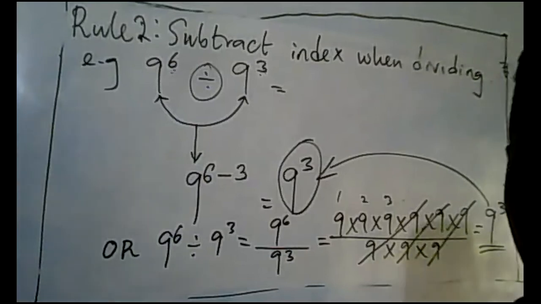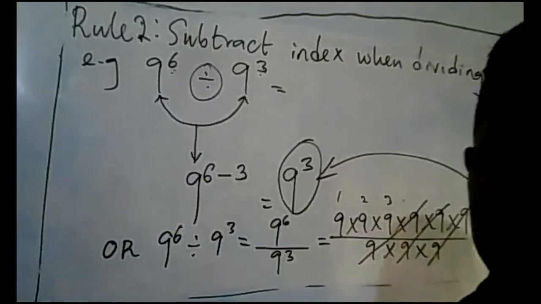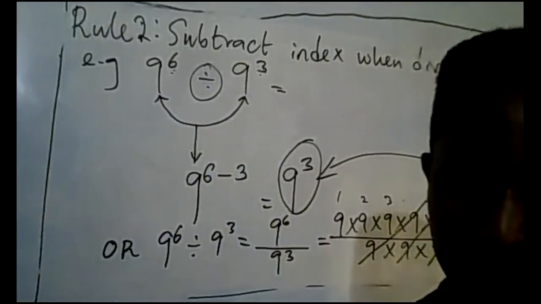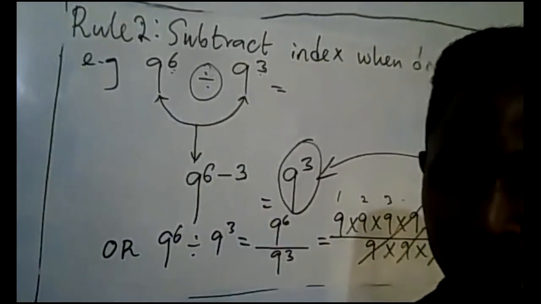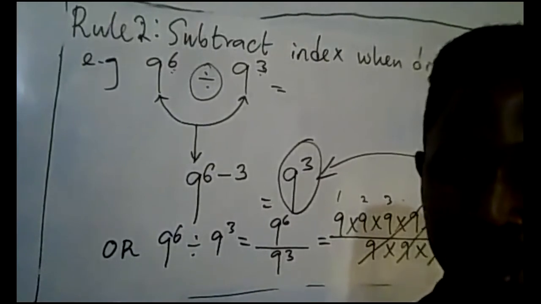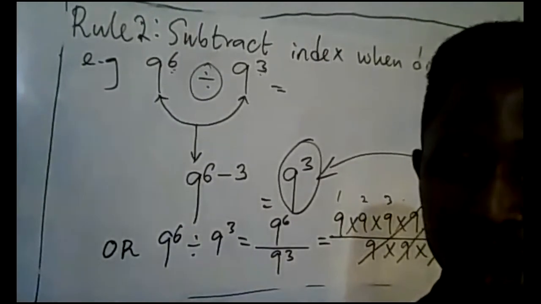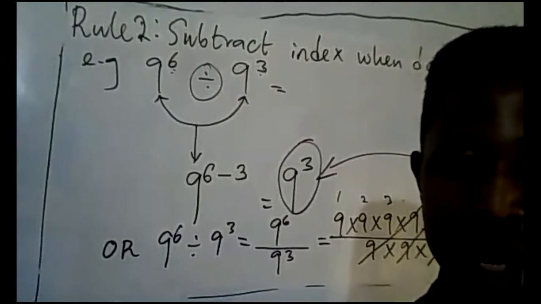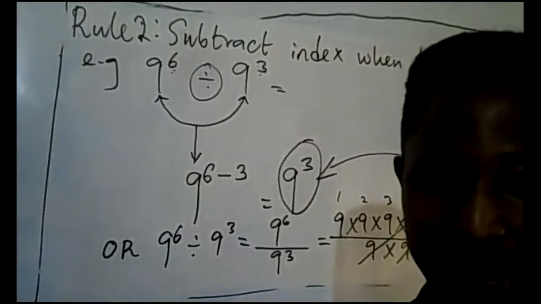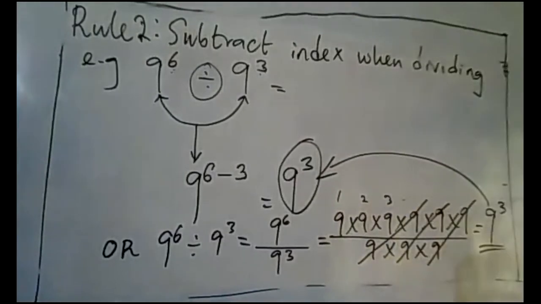I hope that is clear. And this is very simple. So let's go to yet another example. All right. And that's why our answer right here is 9 raised to power 3. Have you seen it?